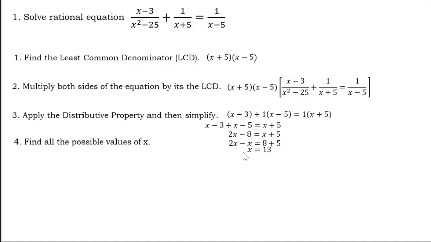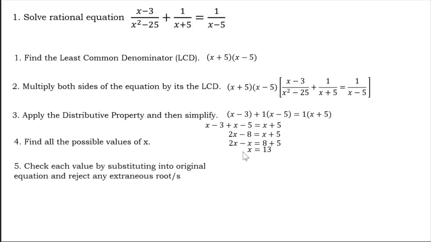Now let's check our solution, whether our solution that x is equal to 13 is correct. So check the value by substituting into the original equation and reject extraneous roots.